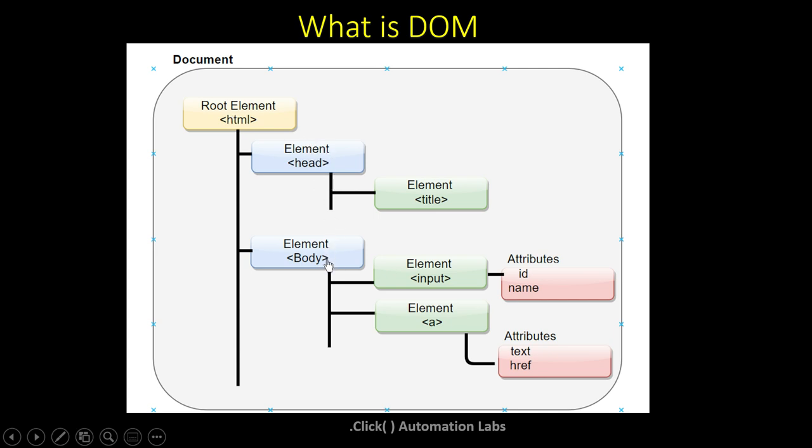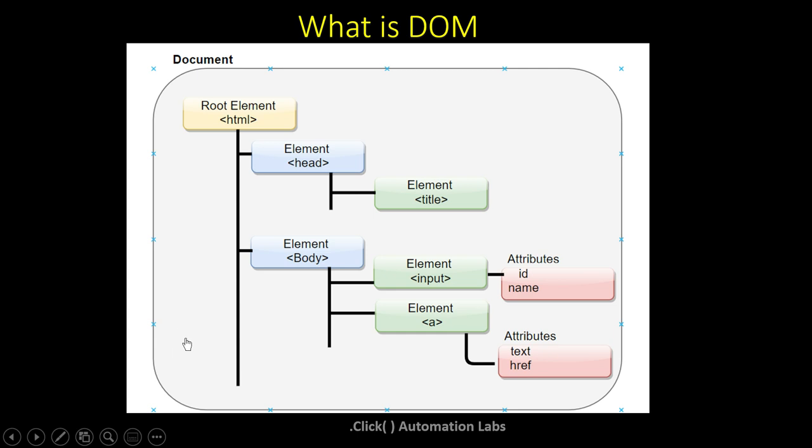This is a header element, this is a body, and under header you can see the title, and in the body you can see input is nothing but a text box, and an anchor tag is specially used to define hyperlinks, and this input will have various attributes called as id, name, and these can be used to identify the objects or controls uniquely. And similarly for anchor tag you can see text and href.